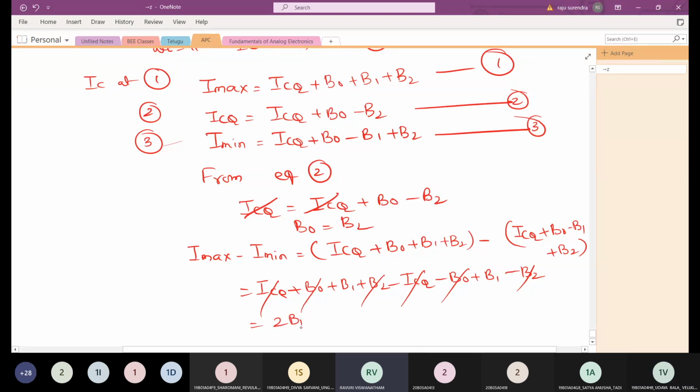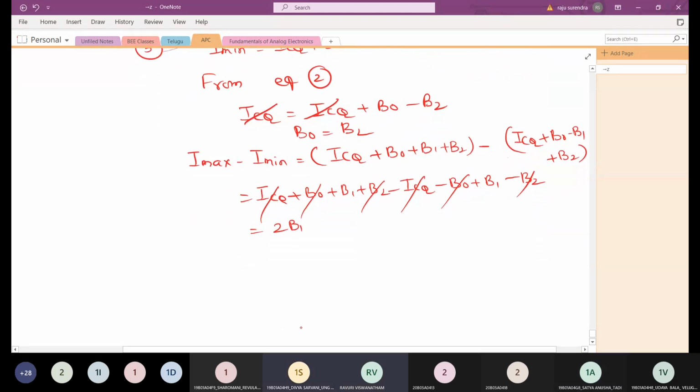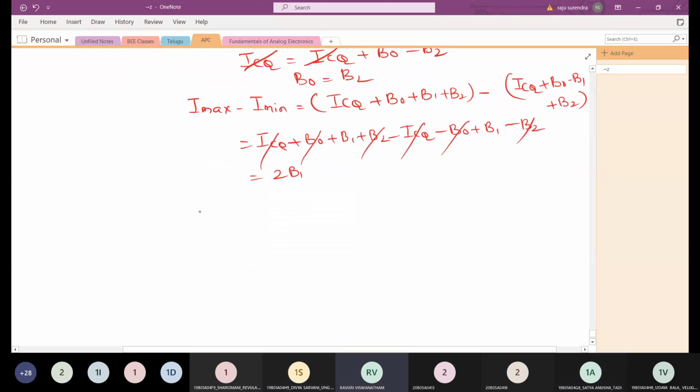All of you got this? Yes, sir. Now B1 is equal to I maximum minus I minimum by 2. All of you understand?